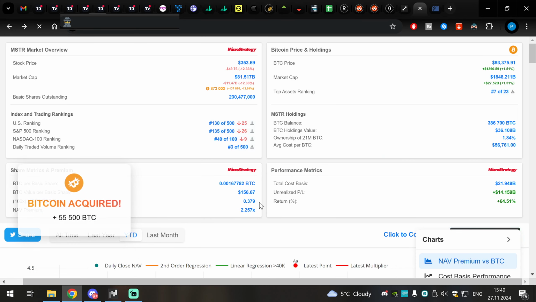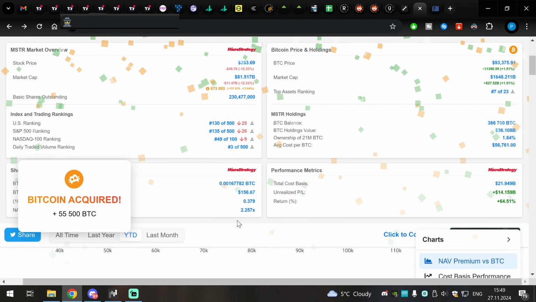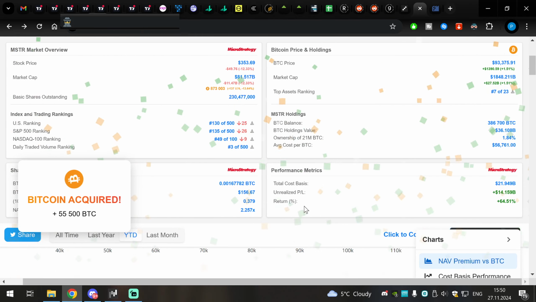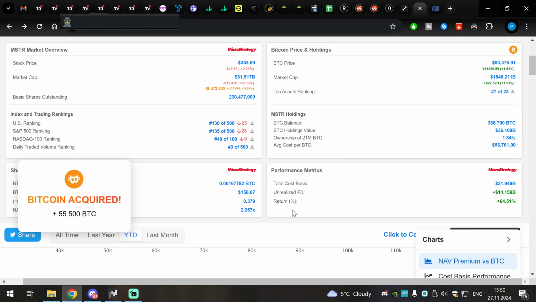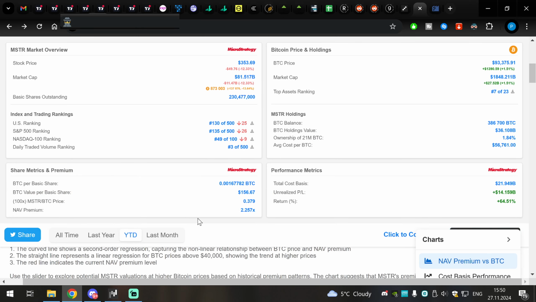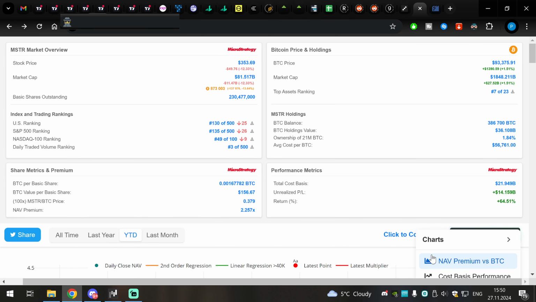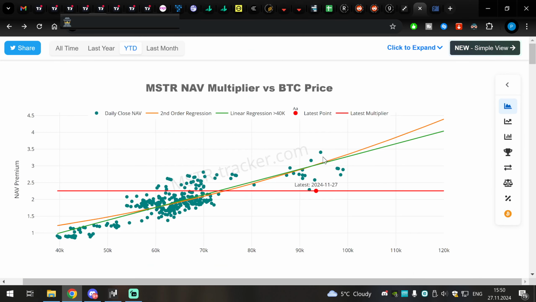I personally made more money on MicroStrategy than on my whole crypto holding. This is crazy. I was buying very early, so it made a 2000% move, and of course I was unloading. I still have some, I think 30% of shares left, so of course I'll be holding until the end of the cycle.